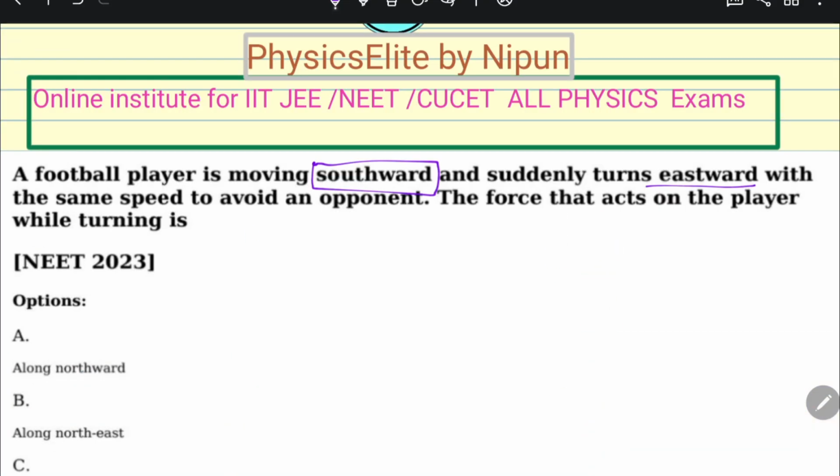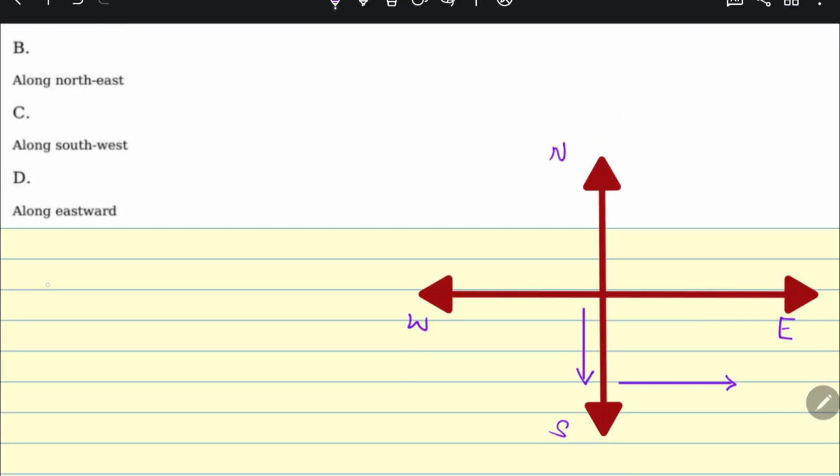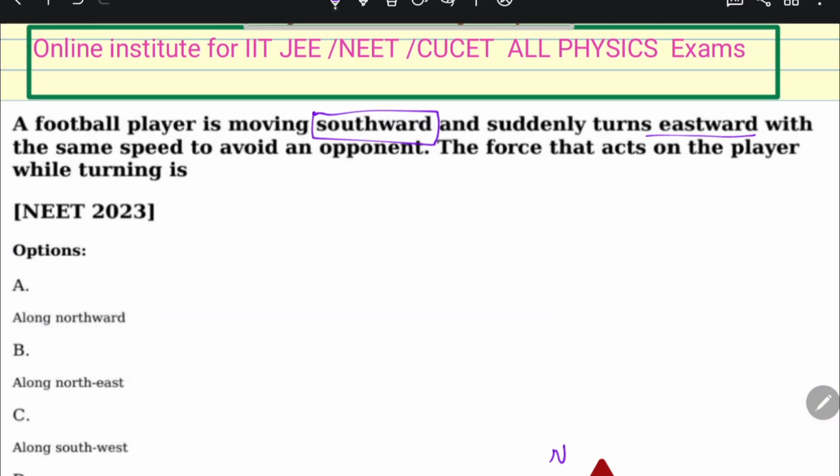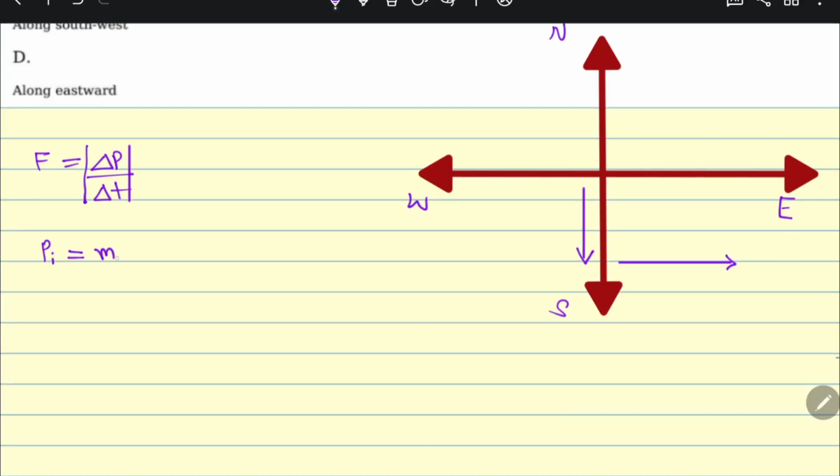So what they're asking is the force acting on the player while turning. Force acting on the player is change in momentum divided by time interval. If I find the change in momentum, then we can find the force acting on the player. So initial momentum is m v minus j cap.